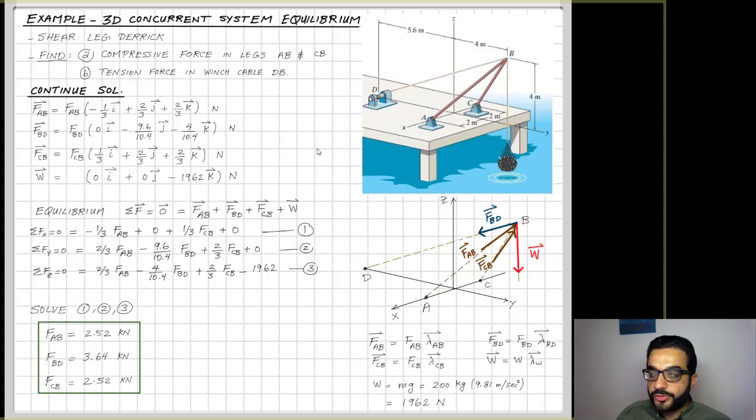The system is symmetrical around the YZ plane. So from symmetry, I expect the forces in AB and CB to be equal. I didn't set them equal in my free body diagram. I didn't say FAB and FCB are equal. I could use maybe FB for both of them.